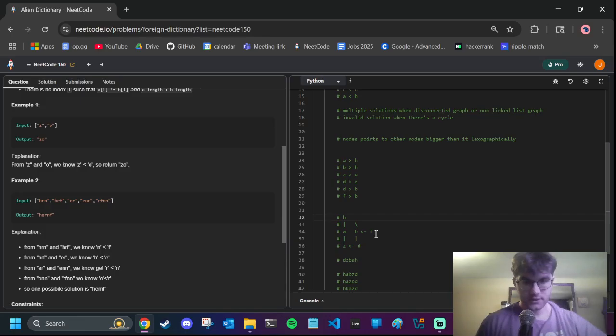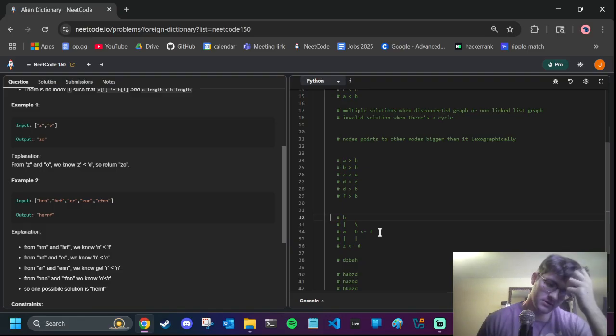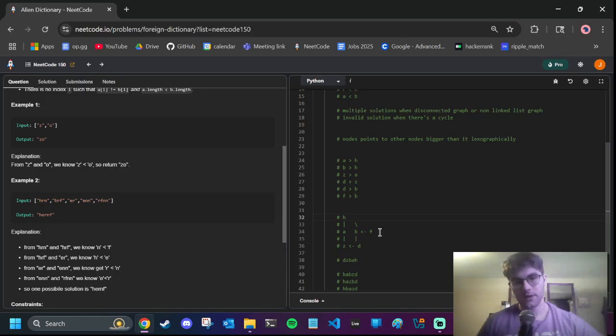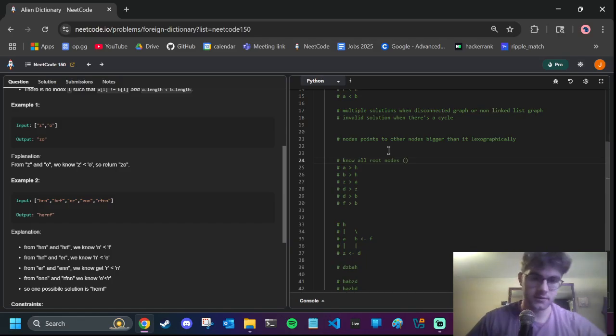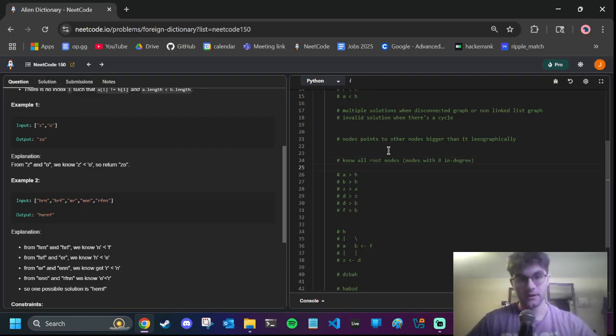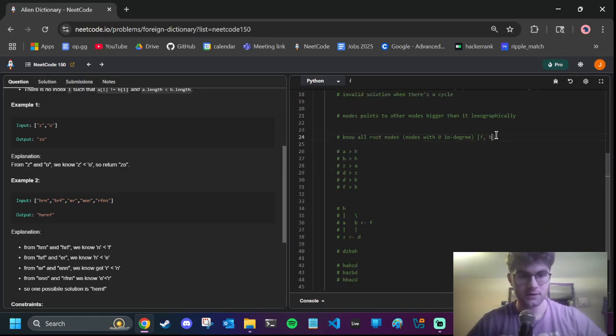So I think what we'll do is probably start from a node which has, so we have to know all root nodes. And when I say root nodes, I mean nodes with 0 in degree. So there are no nodes pointing to it, which means that nothing is smaller than it that we know of. So in this case, it would be F and B. So these are the ones that we have to start at.